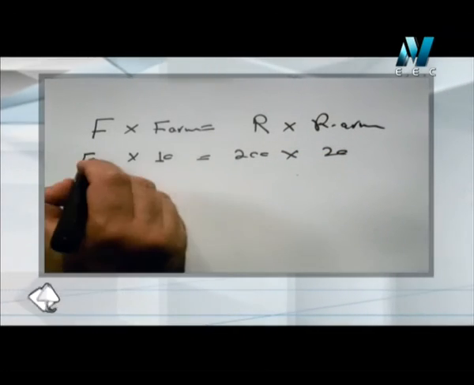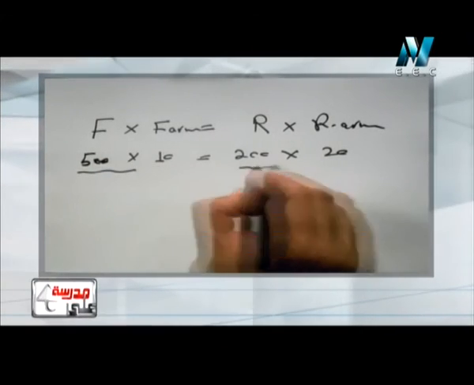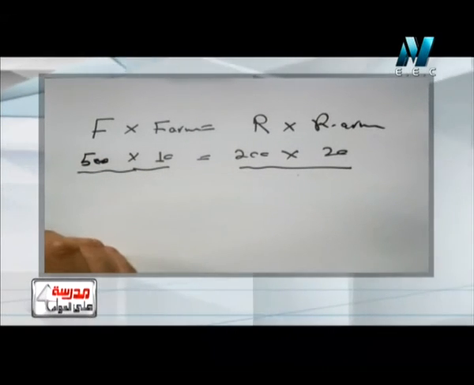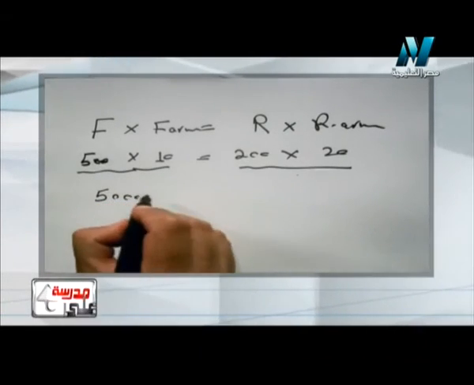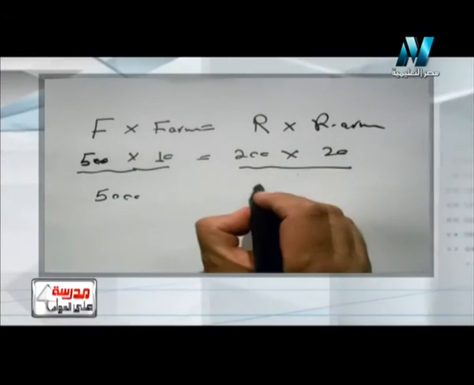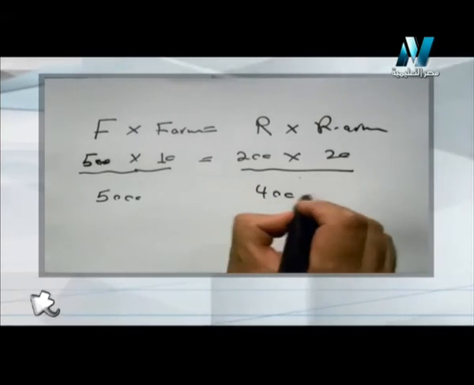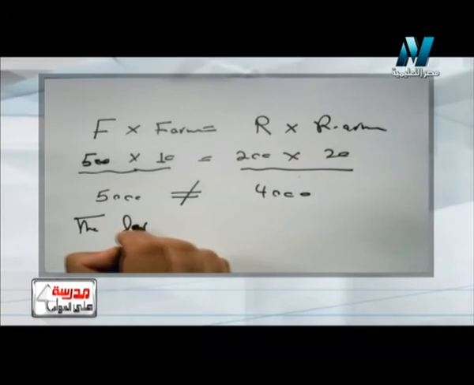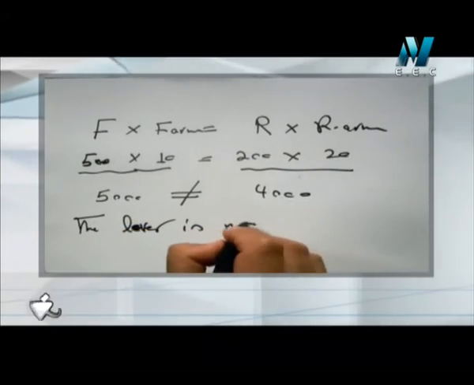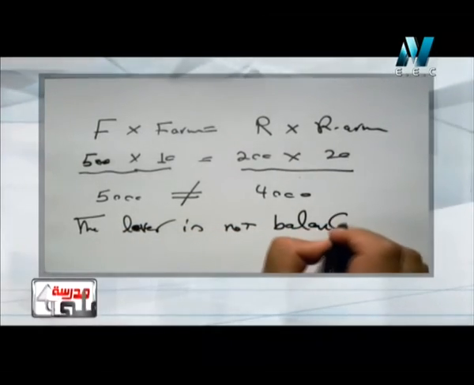We can calculate the right side and the left side, and if they are equal, the lever is balanced. The force side, 500 times 10, is 5,000. The resistance side is 4,000. So they are not equal, and the lever is not balanced.